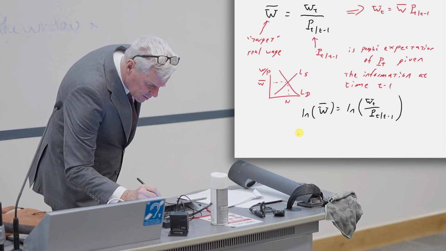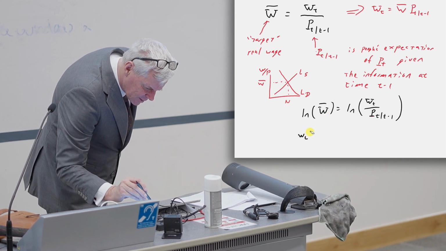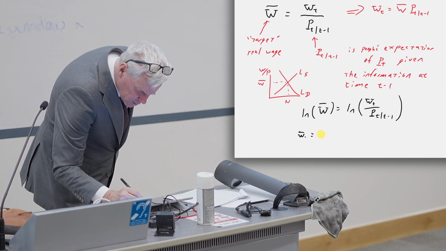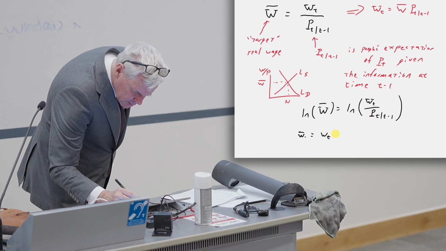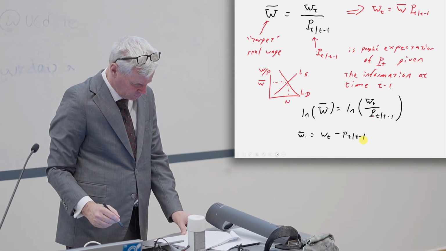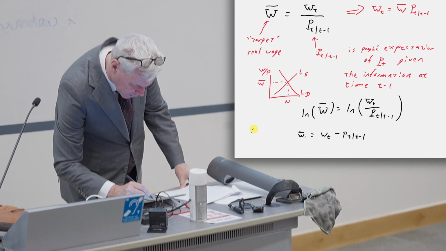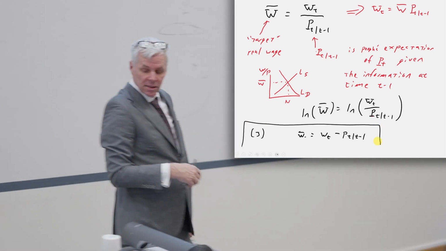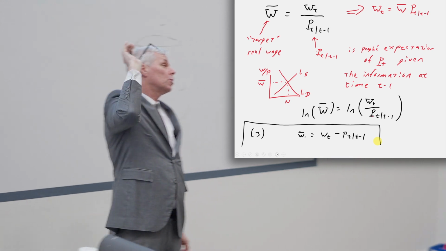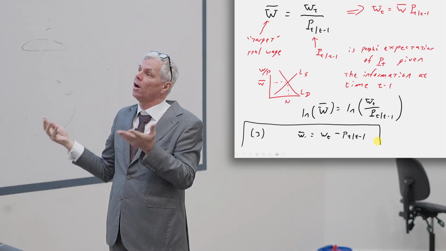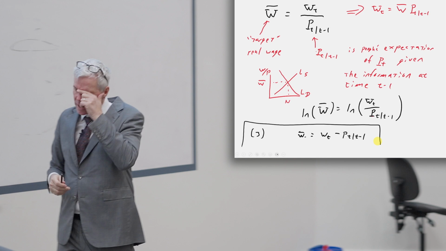And that's going to give us, the brain does not want to think and talk at the same time, equals little w_t minus little p_t given t minus 1. Okay. And we're going to call this equation 3. This is just that same assumption, but written in terms of logs instead of in terms of capital letters, because we're going to write everything in terms of logs so we can use it in a nice linear way. Okay.